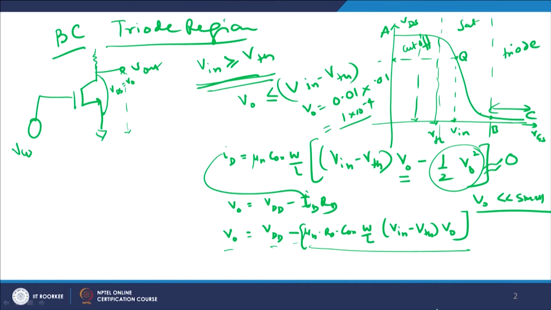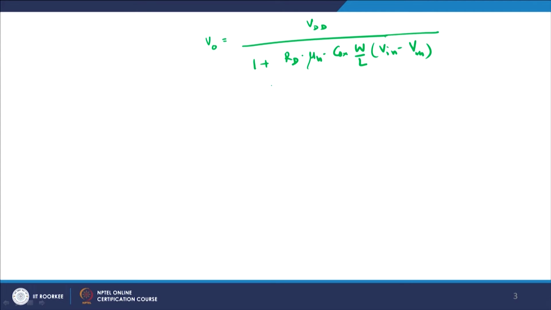So with this explanation we can write down V0 to be equal to VDD divided by 1 plus RD times mu n times C oxide into W by L into V in minus VTH, and you get this.